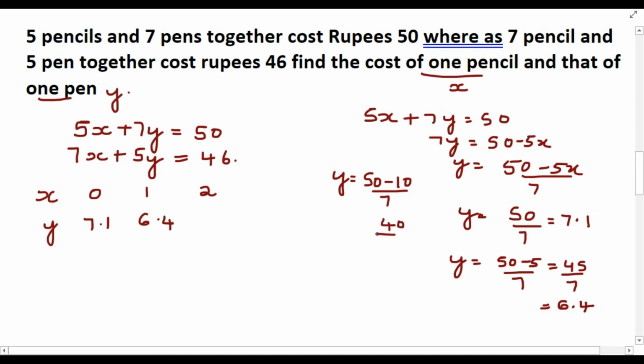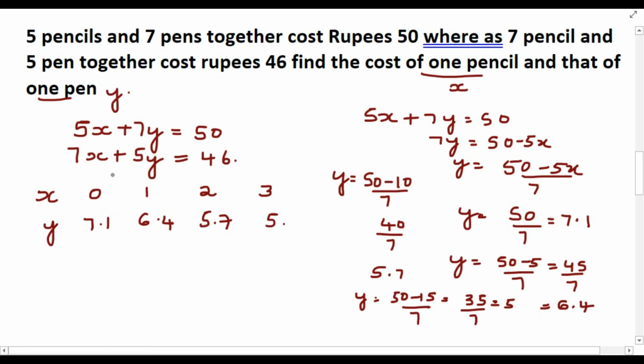So 40 by 7, which is equal to 5.7. And when X is 3, what will be the value of Y? Y equals (50 minus 15) by 7. So we can say 50 minus 15 is 35 by 7, which is equal to 5.